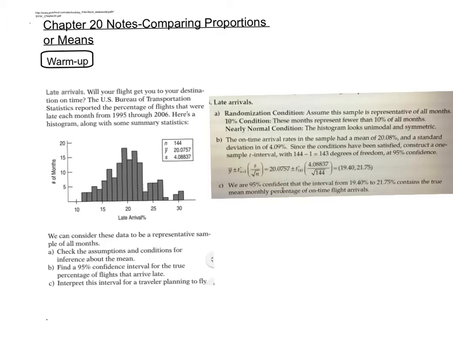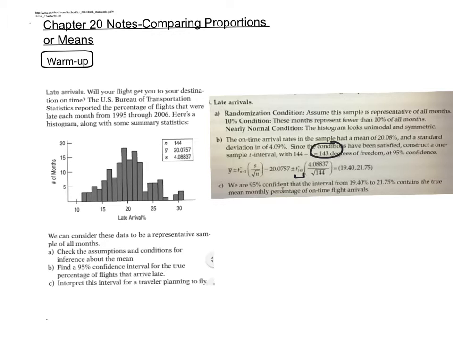Just a reminder that if your n is 144, your degrees of freedom is 143. So when you plug this into your formula, the t-score you can get from either the t-interval itself, or you can do the t-model, so a t-test.